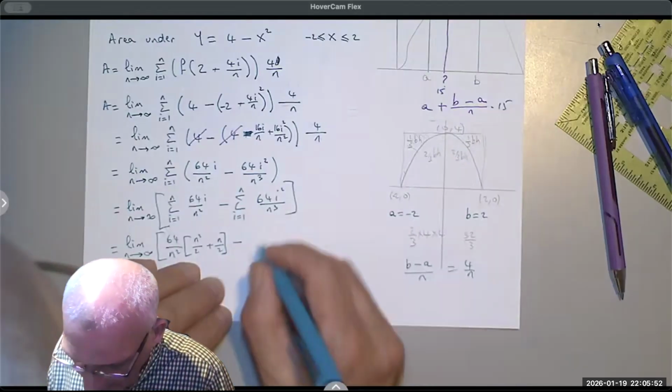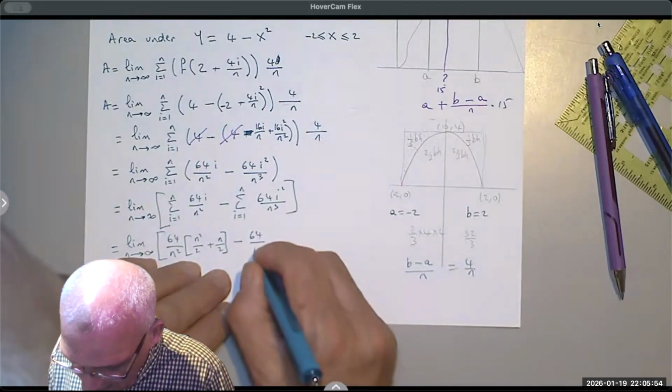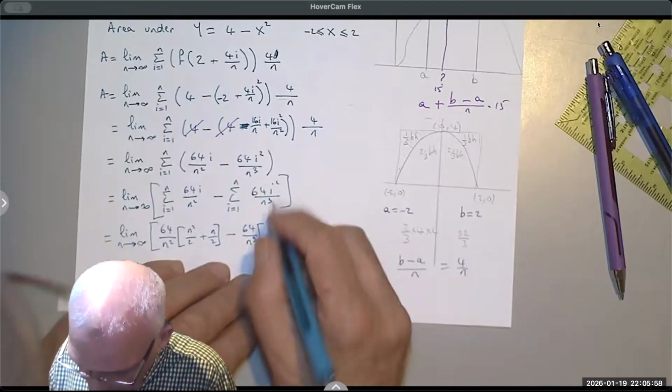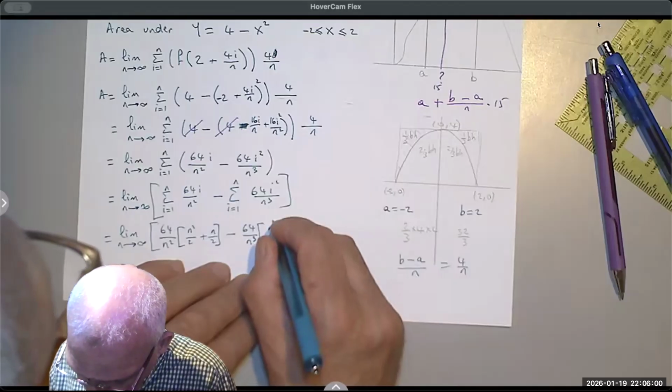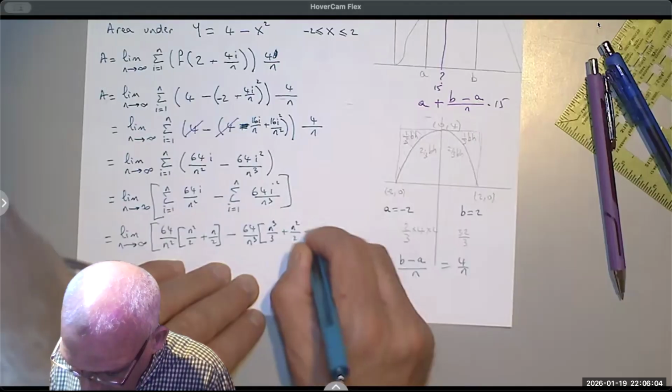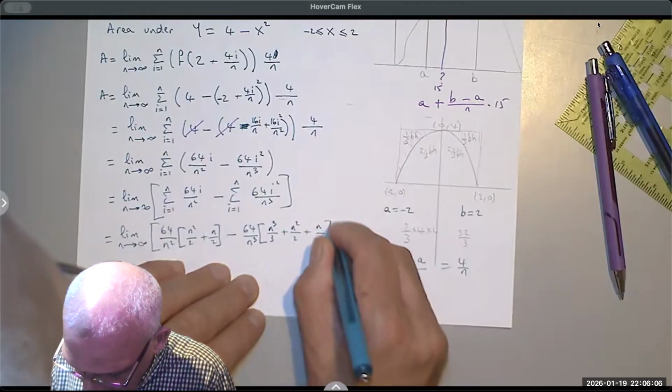Minus 64 over n cubed, and the summation of i squared is n cubed over 3 plus n squared over 2 plus n over 6.